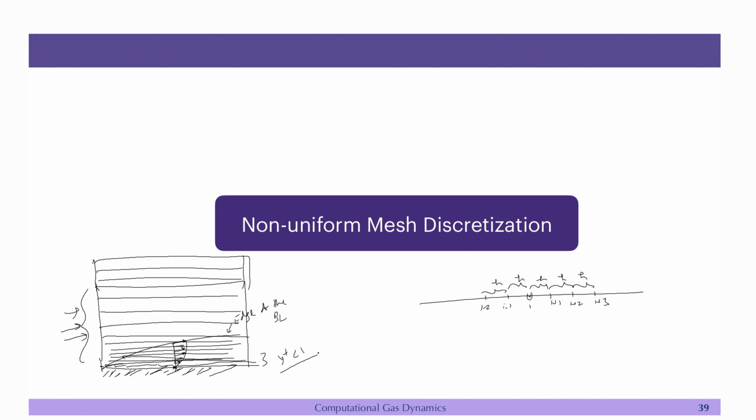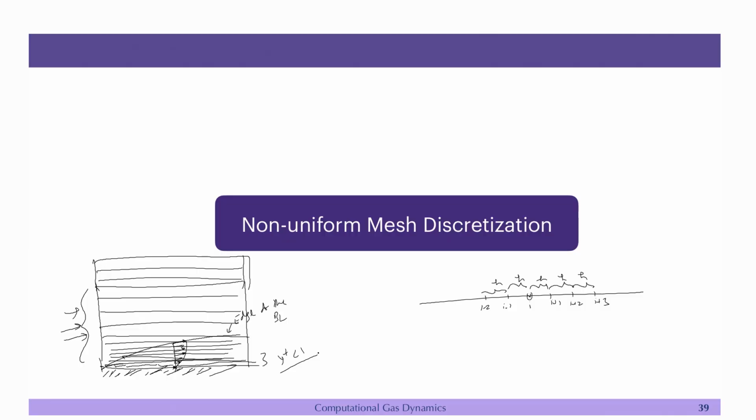So, what you can see here is that a non-uniform mesh is a requirement. By that I mean we want a very fine mesh close to the boundary layer, very close to the wall, but away from the wall we may live with a coarse mesh, because there is not much activity happening there, there is no generation of vorticity there, right. There is no drastic change in velocity there, right. So, this is a kind of uniform flow there, right.